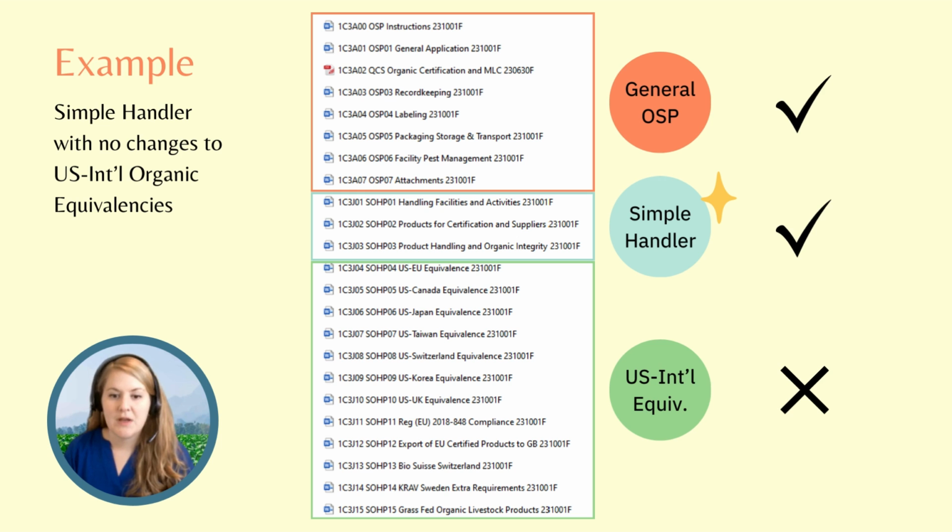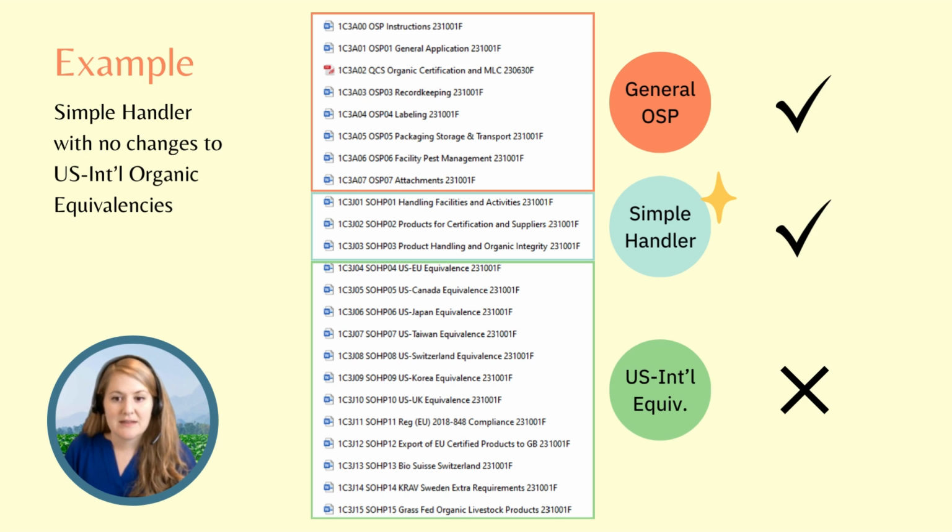Let's look at an example of what a simple handler with no changes to their U.S. international equivalencies would look like. This entire list has all of the files that simple handler would get when they open their zip file. I know it looks like a lot, but hang with me, we'll break it down. You see the 3 sections present. The general OSP is marked in orange, the simple handler section is marked in blue, and the green are those international equivalencies.